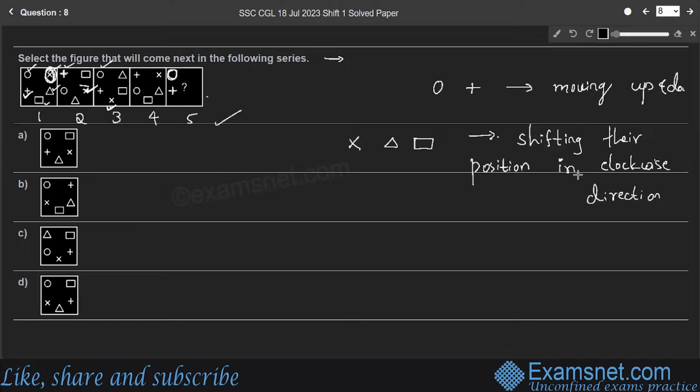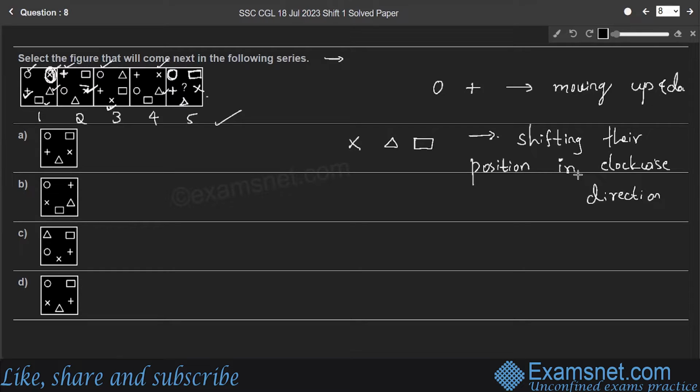Therefore, in the fifth figure, the position of the cross sign should be here in the middle, the triangular symbol should be here down, and the rectangular symbol should be here on the top, right?